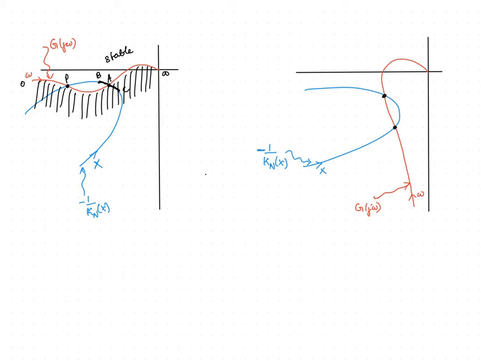Let us consider another point P, which is a limit cycle. Here, when the input to the nonlinearity increases in its magnitude, let us assume it shifts to Q. Since this is an unstable region, we can see that the magnitude will keep on increasing.